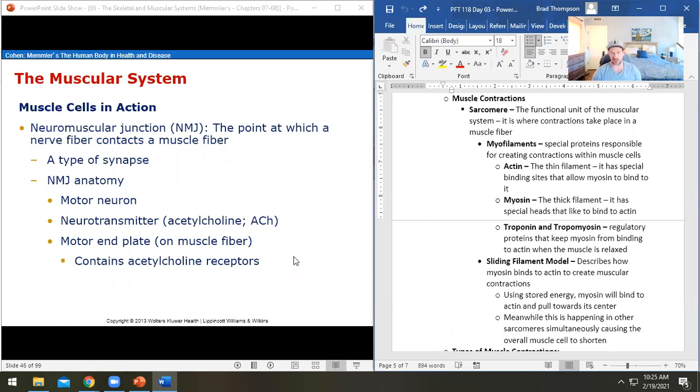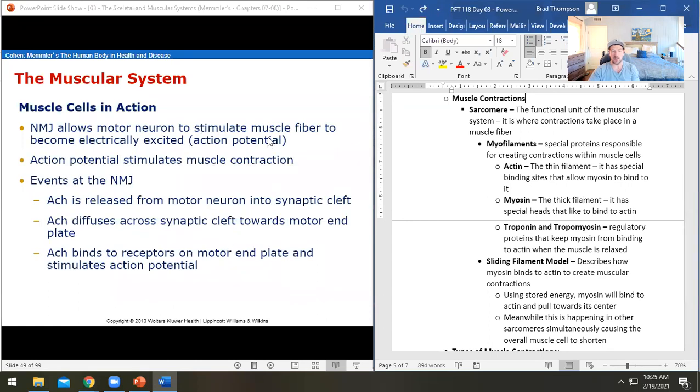So that is how your nervous system tells your muscular system to do its job, right? So at the neuromuscular junction, the place where these are meeting, you're going to have the motor neuron itself. You're going to have the motor end plate, which is on the muscle fiber, and you're going to have the neurotransmitter acetylcholine, which is going to trigger this reaction, right? So it's going to stimulate that muscle fiber to generate electricity.